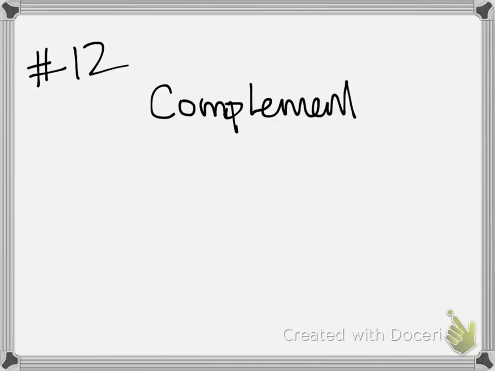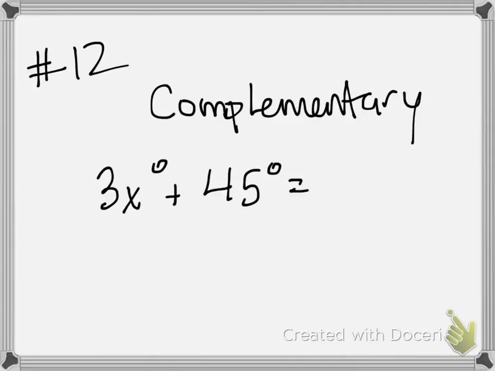So those 2 angles, when you add them up, are going to be complementary. If they're complementary, therefore they add up to 90. So we would say 3x degrees plus 45 equals 90 degrees.